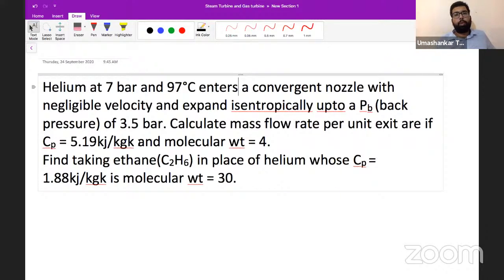You have to calculate the mass flow rate here. Someone can give you a big formula of mass flow rate as well, but from the basic understanding you can solve it. Everyone knows mass flow rate is rho A V. If you follow some books, you will have a big formula of mass flow rate ready for you, and you may choose to memorize that, but I won't recommend it.